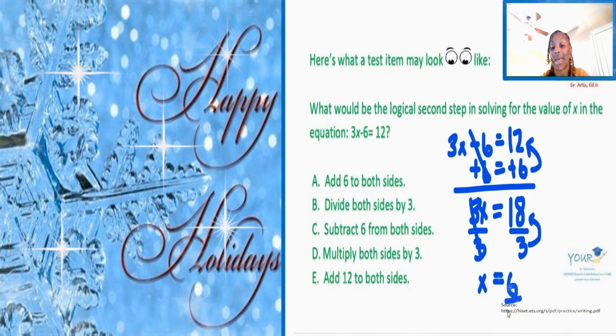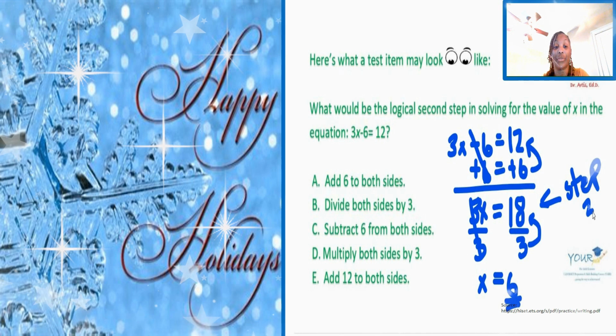So we know the value of x, which is 6, but that's not what our question is asking us. When we look at our question, which states again, what would be the logical second step in solving for the value of x in the equation 3x minus 6 equals 12, having gone through the process, we know that our second step is here, where we divide each side by 3.